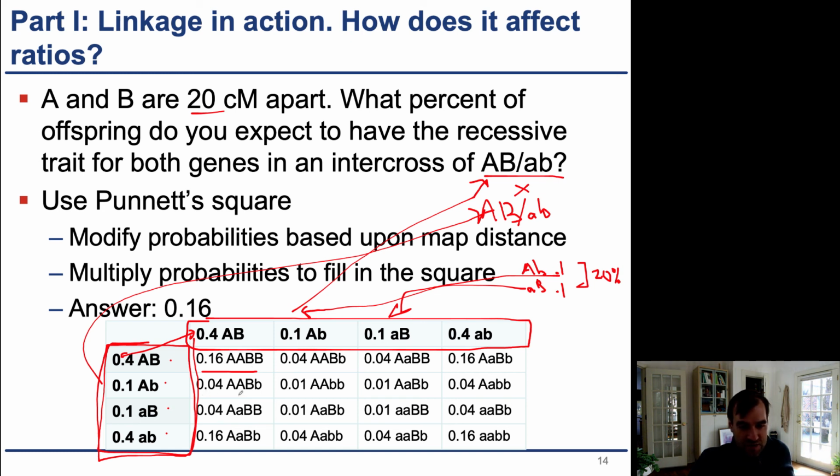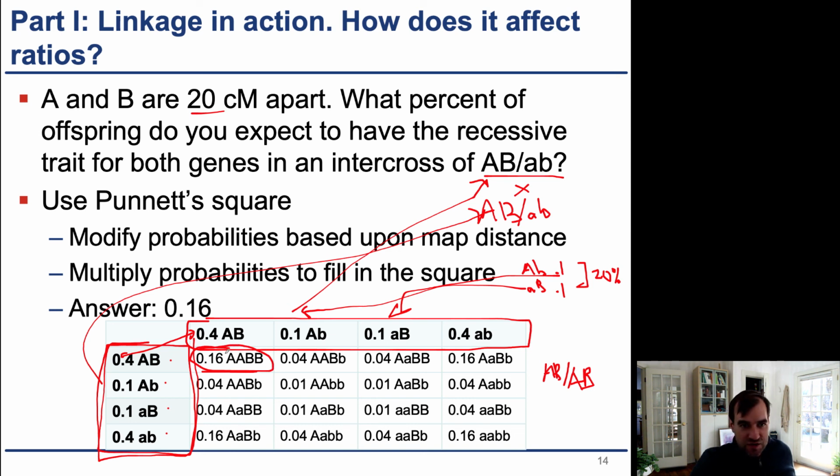And so we can do the same thing for the entirety of the Punnett square. So if I ask you, for example, what is the probability that big A, big B is produced? The answer to that is simply this first part of the square right here, because that's the only square that has that genotype.